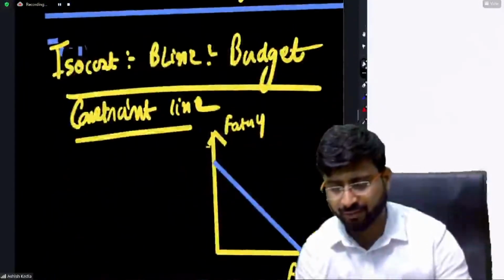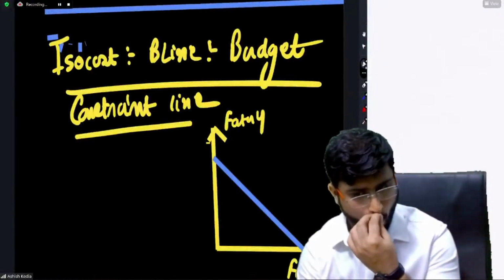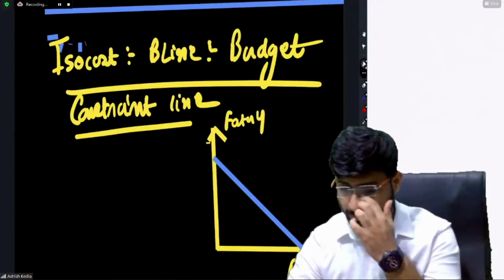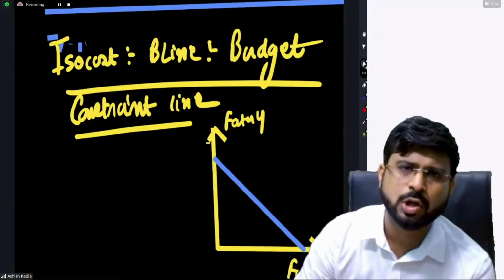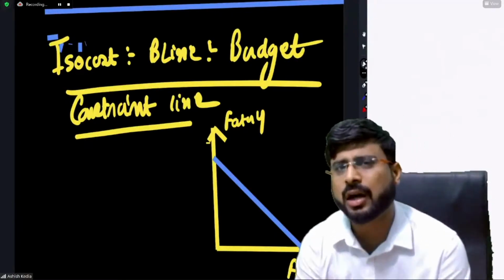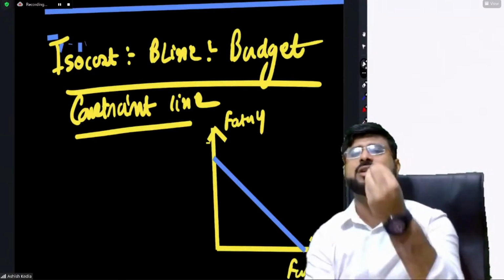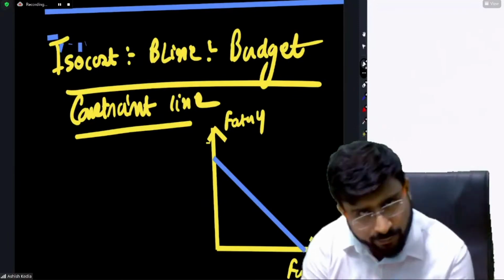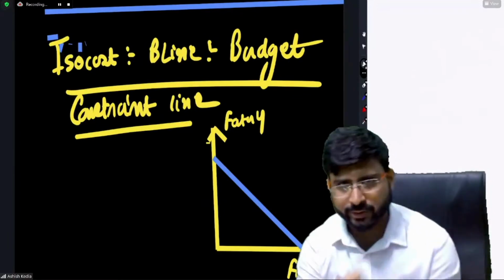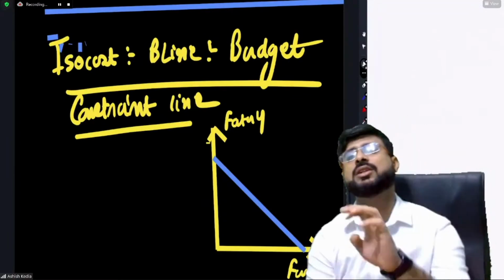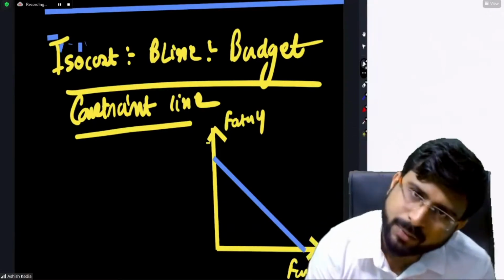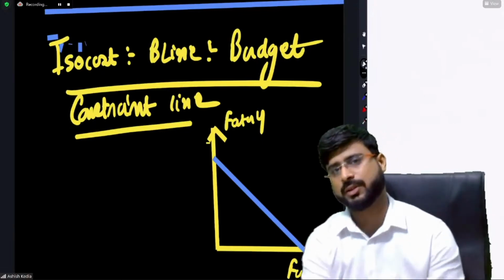Friends, if this is clear, then we talk about isocost. Very good. Now, friends, all of you will agree that a consumer has a budget for consumption, yes or no?